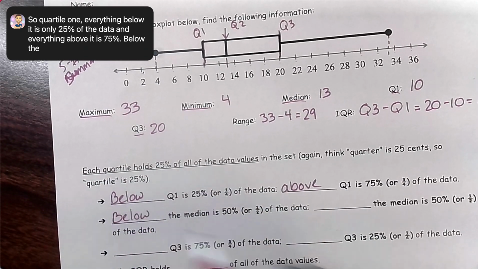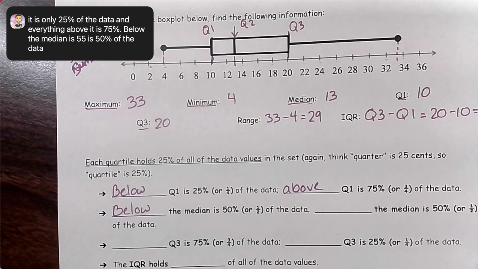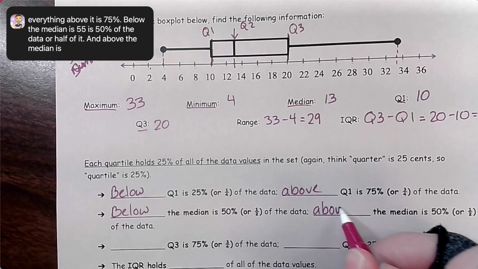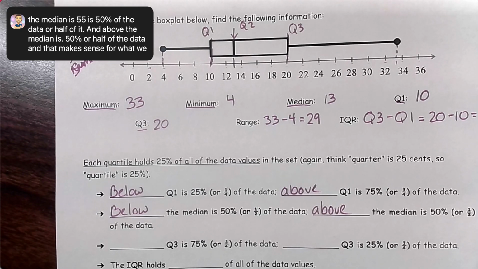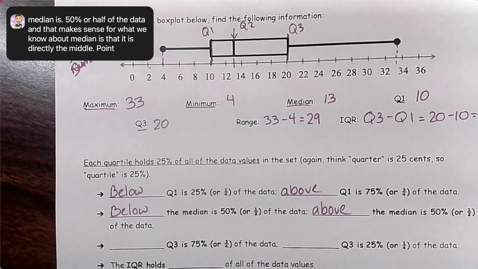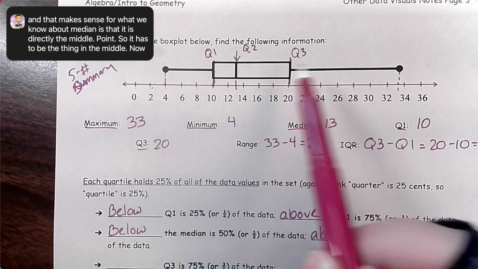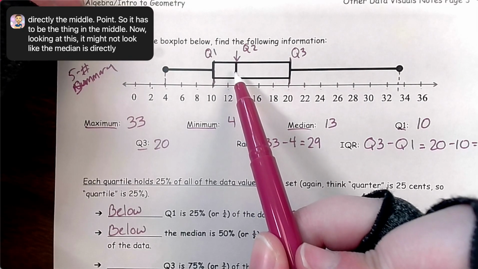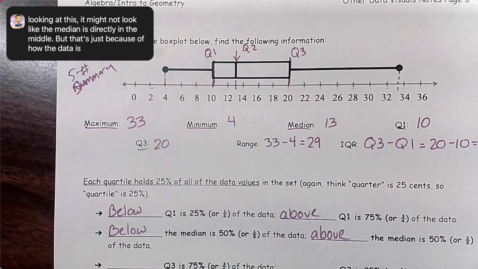Below the median is 50% of the data, or half of it, and above the median is 50% or half of the data. And that makes sense, for what we know about median is that it is directly the middle point. So it has to be the thing in the middle. Now, looking at this, it might not look like the median is directly in the middle, but that's just because of how the data is spread out.